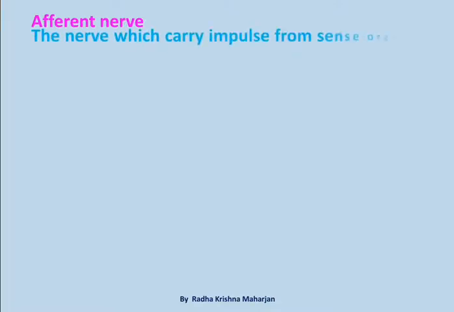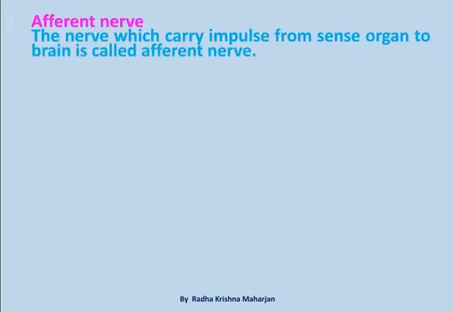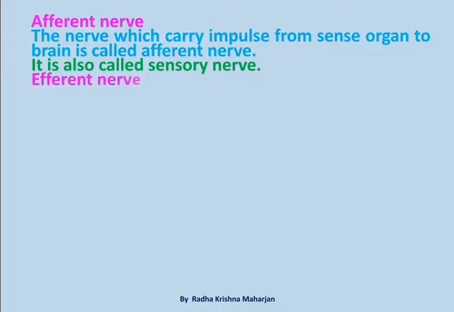Afferent nerve. The nerve which carries impulse from sense organ to brain is called afferent nerve. It is also called sensory nerve. Efferent nerve.